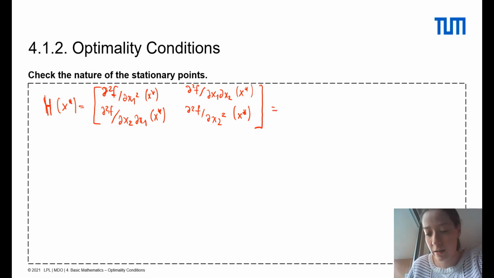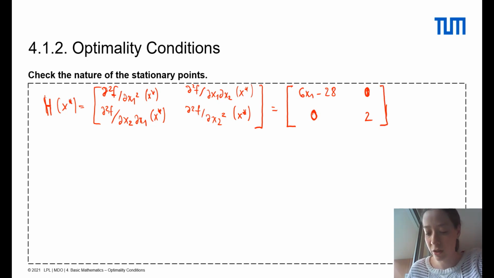If we do that, we get 6x1 minus 28. Here we have 0, here we have 0, and here we have 2.